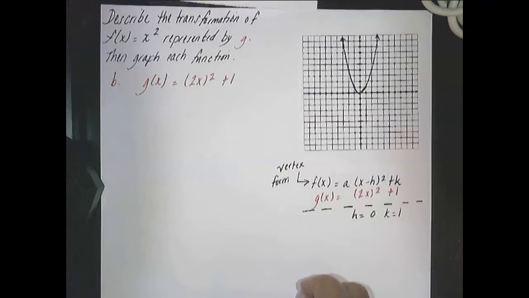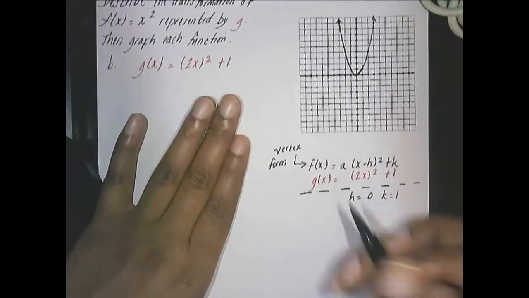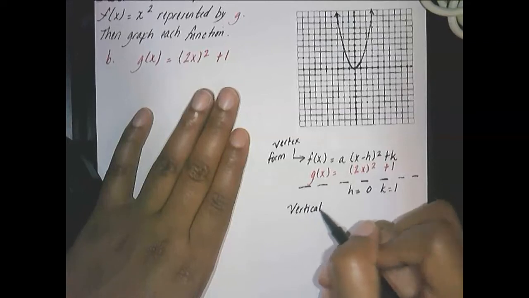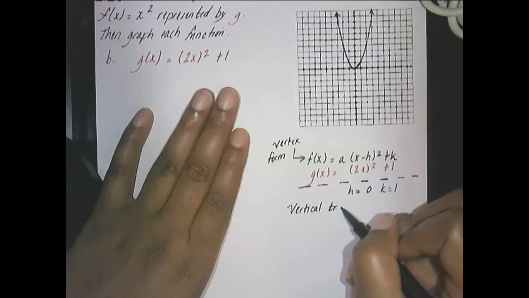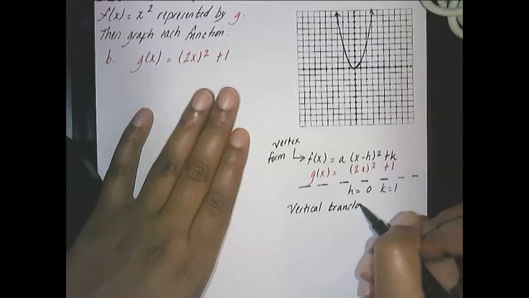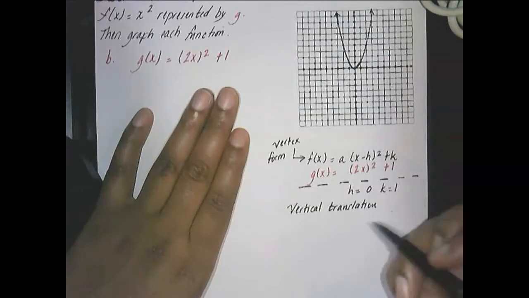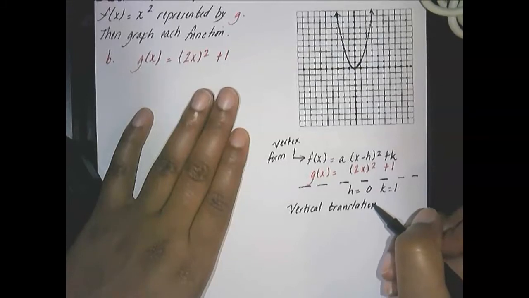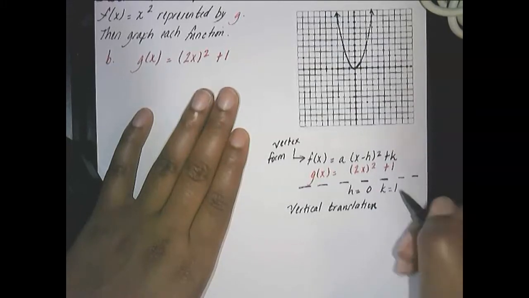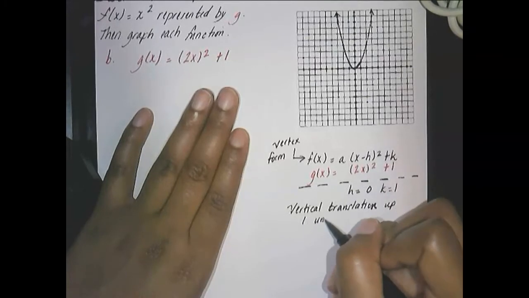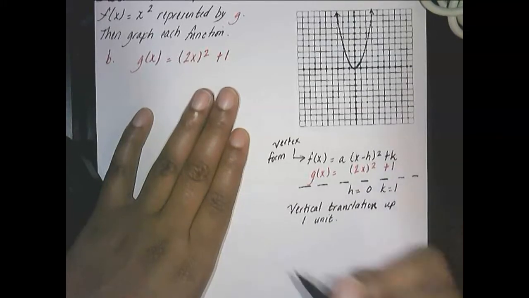So automatically we know that we're going to have a vertical shift or translation, however you want to describe it. Oh, that looks like an N, I put a U for some reason. A vertical translation, and this is going to go up 1 unit. Okay, so that's the first thing that's going to happen here.